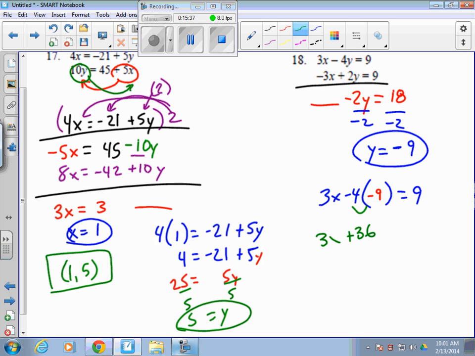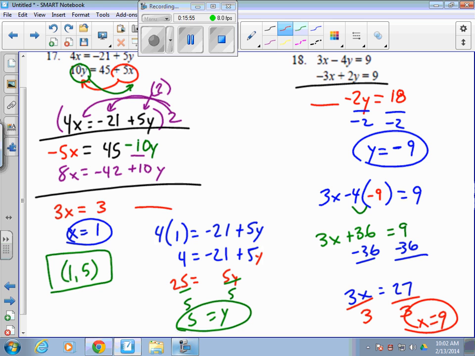So 3x plus 36 equals 9. When you subtract 36 on both sides, 3x equals 27. And when you divide by 3 on both sides, you get x's value as 9. So now you have x and you have y. X comma y, 9 comma negative 9.